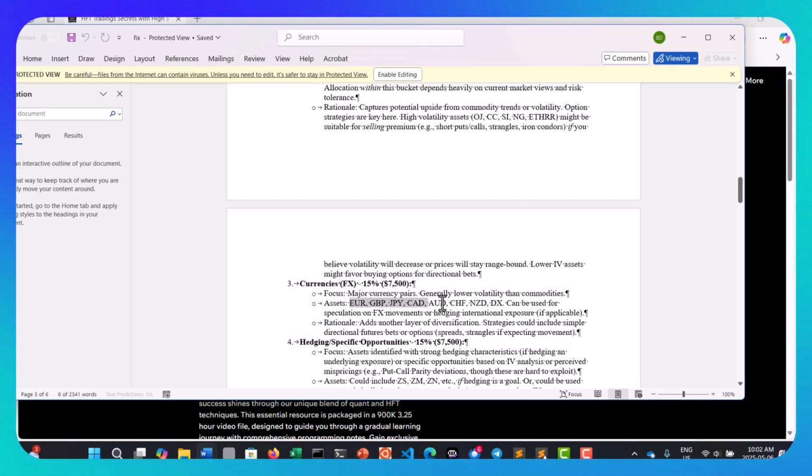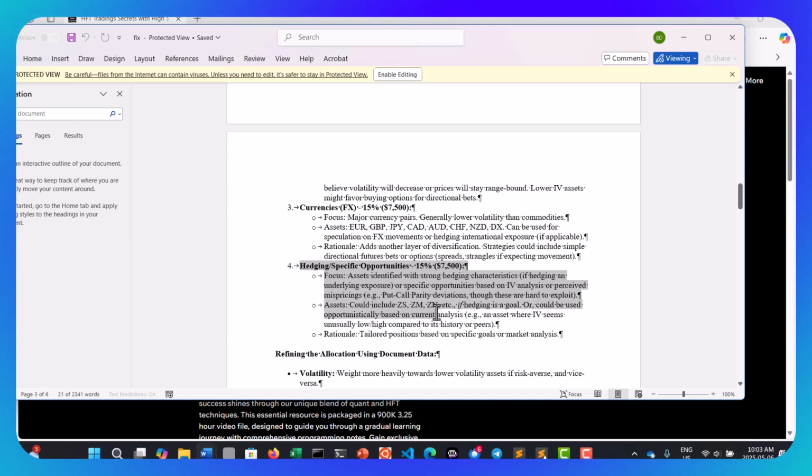And again, we can apply these mixes of currencies used to speculate on FX movements or hedging international exposure if applicable. Rationale adds another layer of diversification strategies and includes simple directional futures or options. Spread strangles expecting movement.